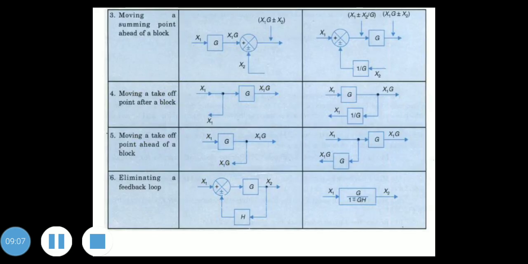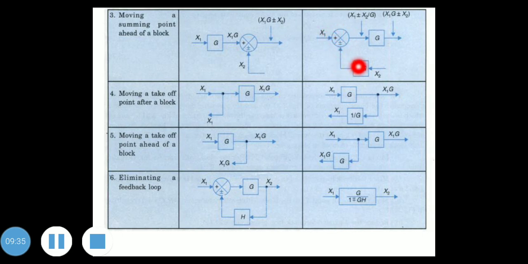The third rule is moving a summing point ahead of a block. This is a summing point here. This summing point has to be moved ahead of a block. So this is x1 G, x1 G, x2. This will be x1 G plus or minus x2. So this is x1. Moving the summing point ahead of a block means it will come here.